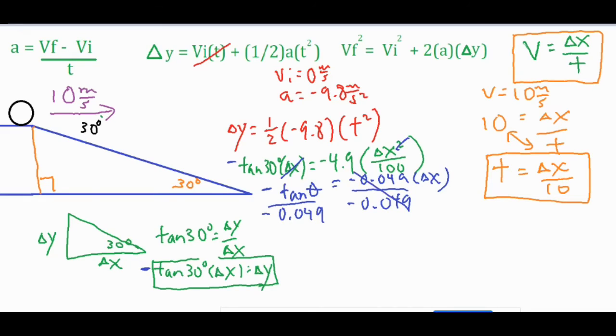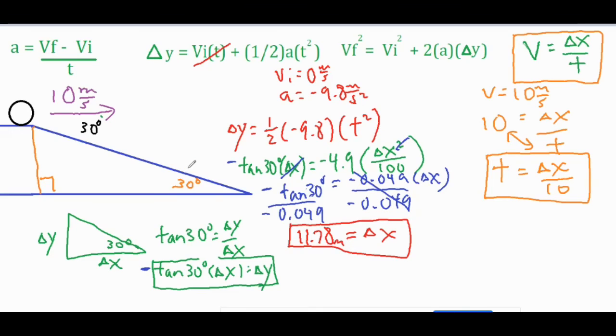So it's basically our tangent of theta, which is 30 degrees. I forgot to write 30 degrees in there. Divided by negative 0.049, and that equals our delta x. So our delta x is equal to 11.78 meters.